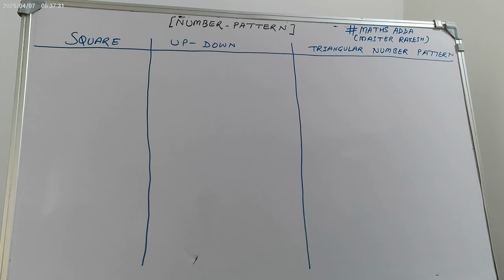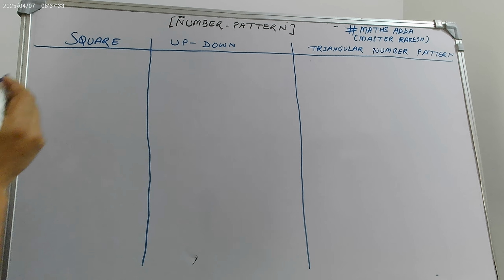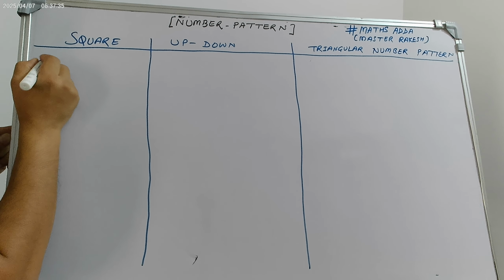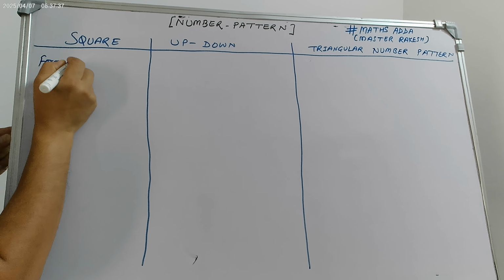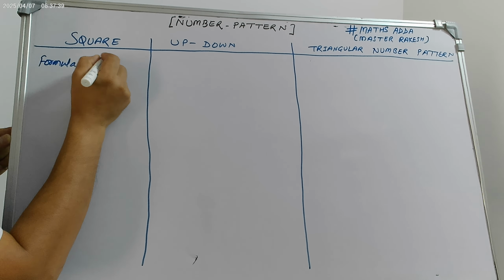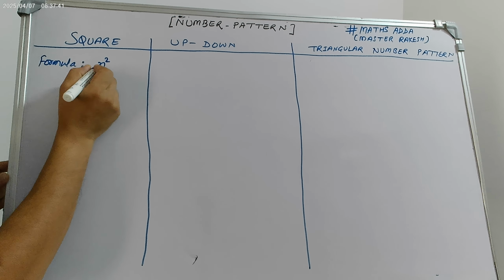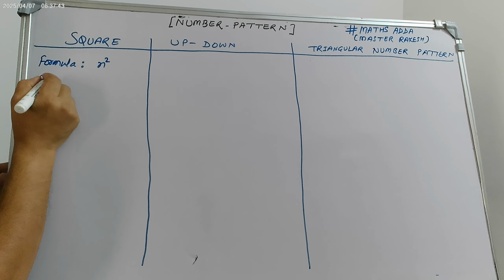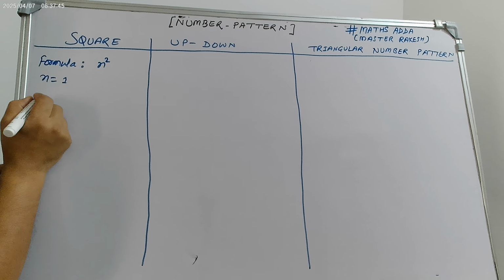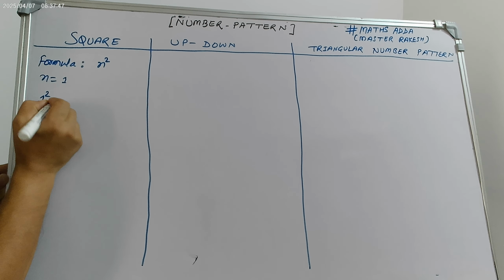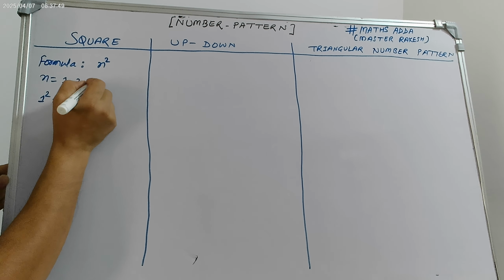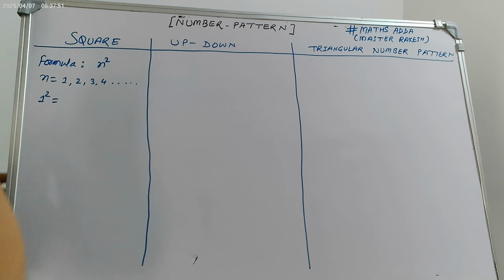What do you understand by the square pattern? The formula is n square. If you put n equal to 1, it becomes 1 square. N equal to 1, 2, 3, 4 and so on, anything you put.